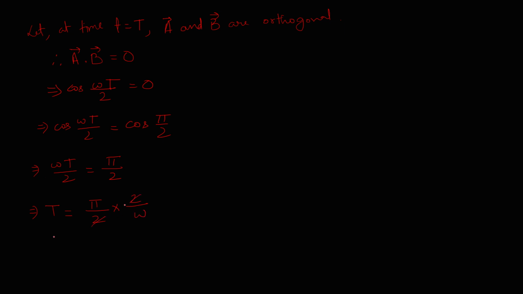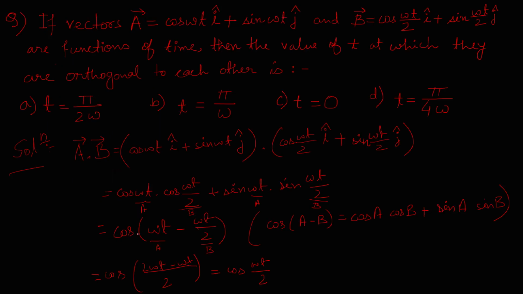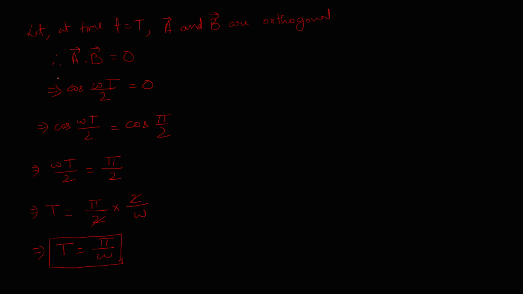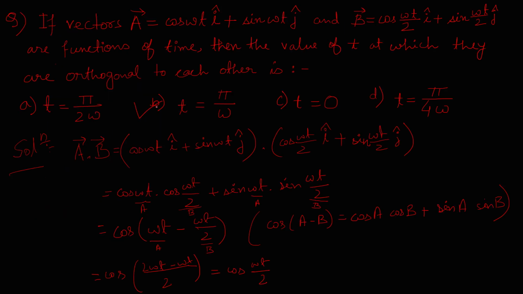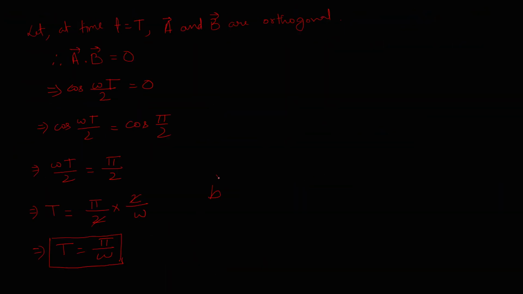The 2 cancels. So T is pi by omega. At this time, pi by omega, these two vectors are orthogonal. So the option is B, pi by omega. B is the correct answer.